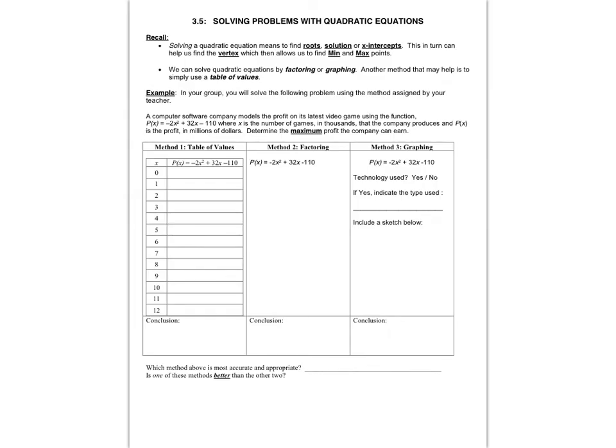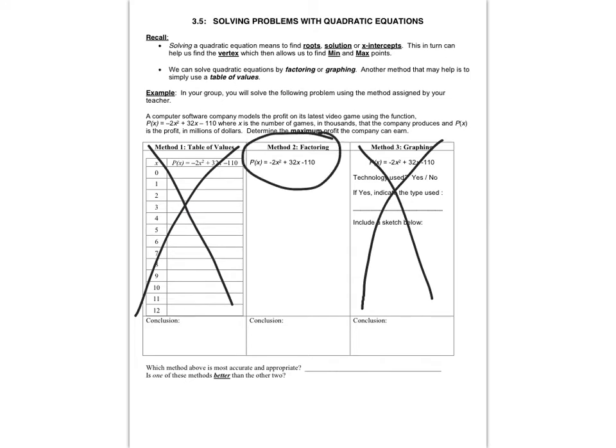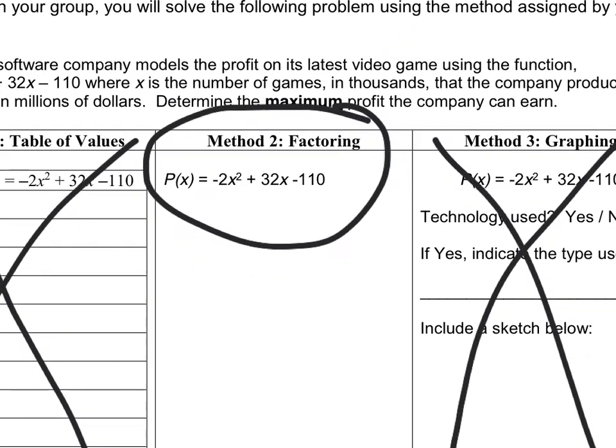Now for lesson number 5, because we're working at a different pace here, for this lesson, all I want to do is stay on track with this factoring method. So we're not going to be solving with a table of values or with graphing. For right now, I just want us to use this method of factoring. So you can practice, use this as a minds-on, as a sort of what do I remember.